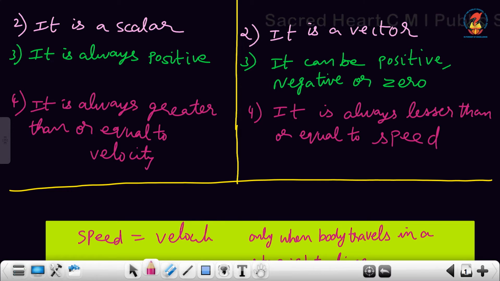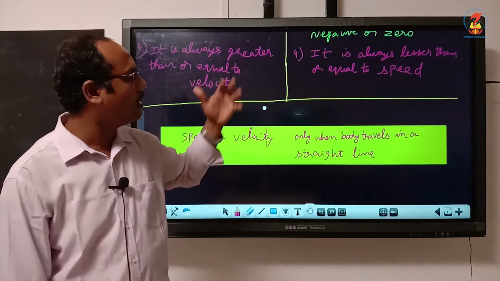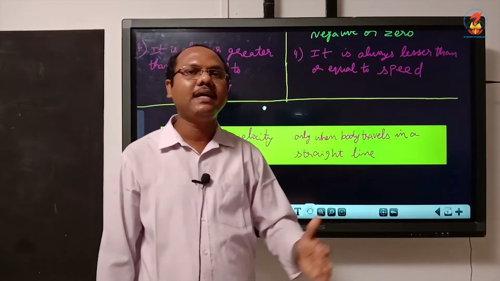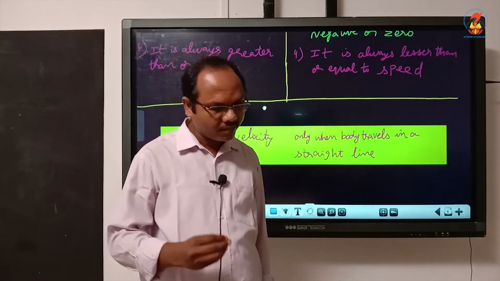We can say speed is equal to velocity only when the body travels in a straight line. So if you learn distance and displacement, you can easily study speed and velocity based on this factor, right?